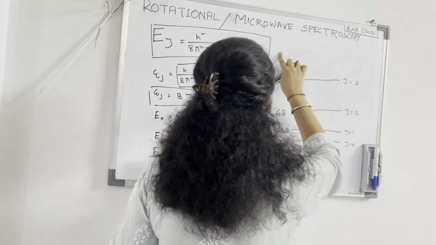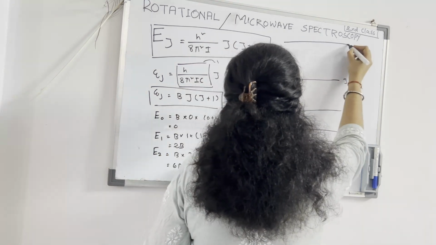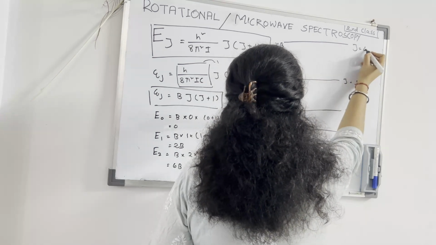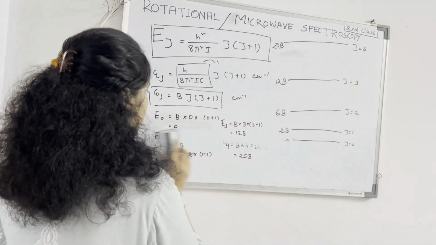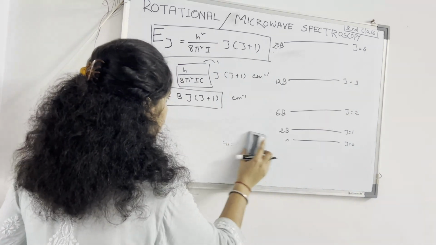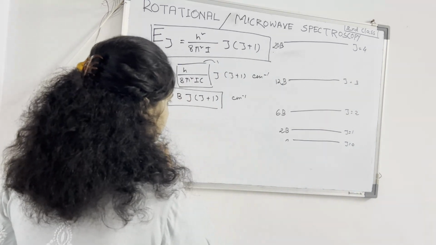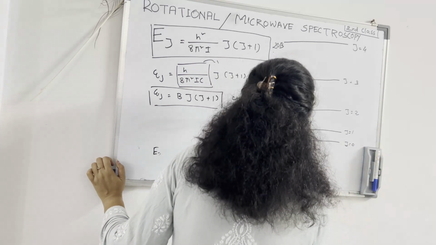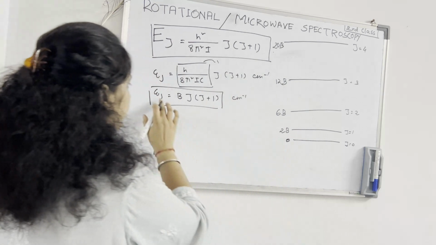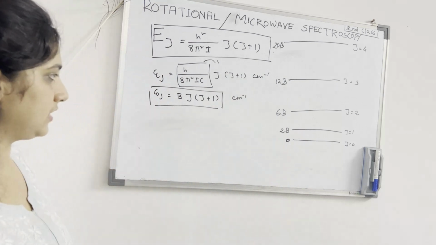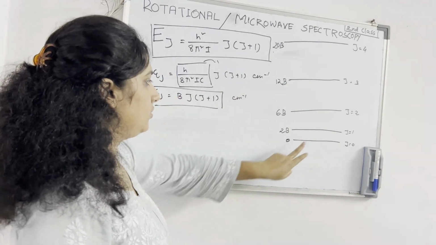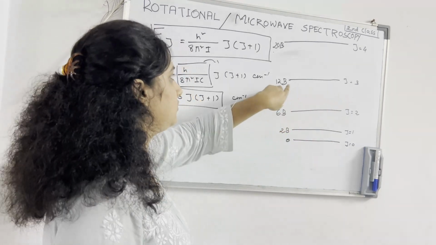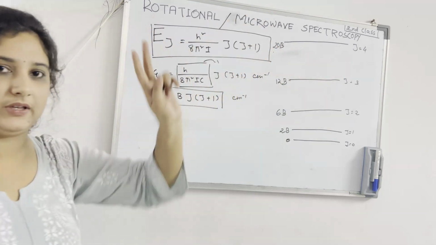So these are the rotational energy levels. And the energy for a particular rotational quantum number we get from this energy level expression. For 0 that is 0, for 1 that is 2B, for 2 that is 6B, for 3 that is 12B, and for 4 that is 20B.